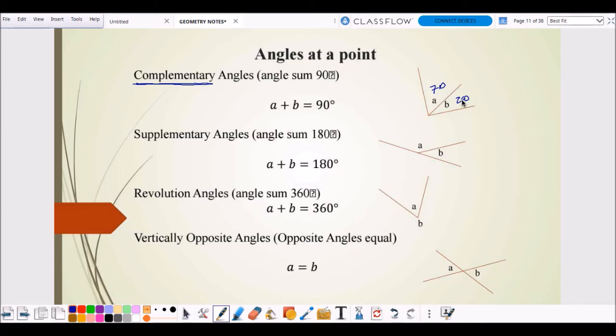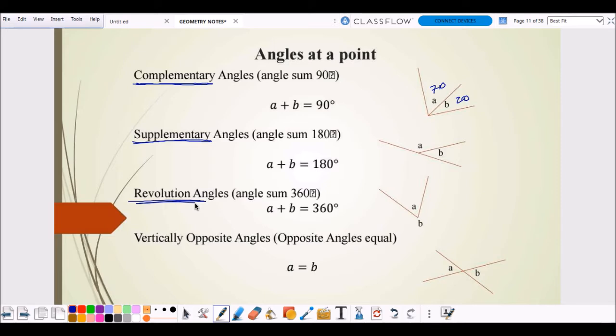The other one is supplementary. So if your angles will equal 180, then it is supplementary. You have to use the word supplementary as your reason for why it's 180. If your angles are a revolution, that means revolution just means 360. So if your angles add up to 360, then the reason is revolution.